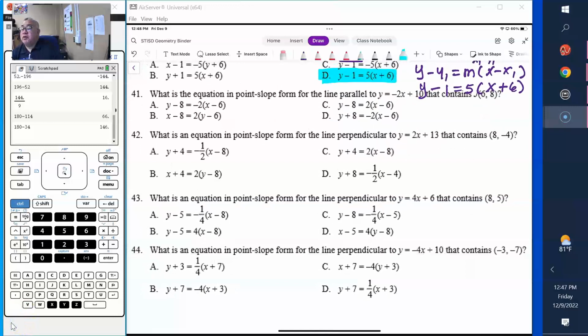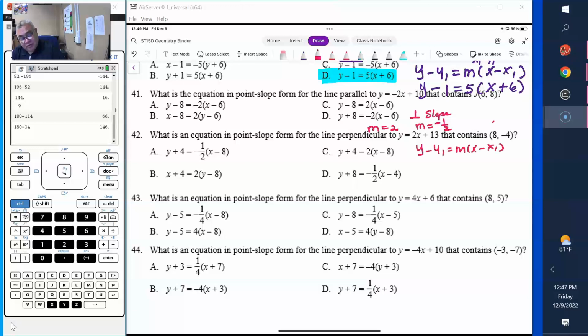What is an equation in point slope form for the line perpendicular? So we want it perpendicular, so the slope here is m equals 2. The perpendicular slope, that upside down T means perpendicular, is a reciprocal, in this case it's 1 over 2, and since this is positive, this will be negative. So just like we did the previous example, y minus y1 is equal to m times x minus x1.